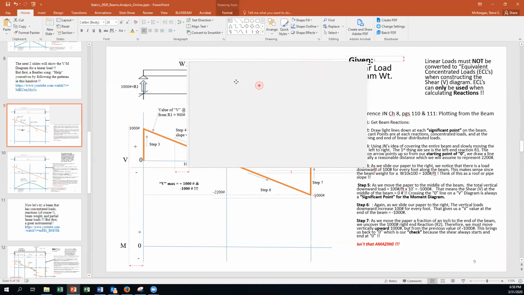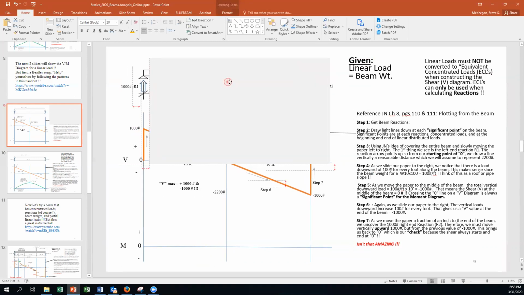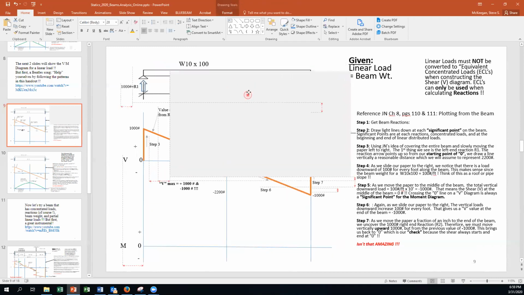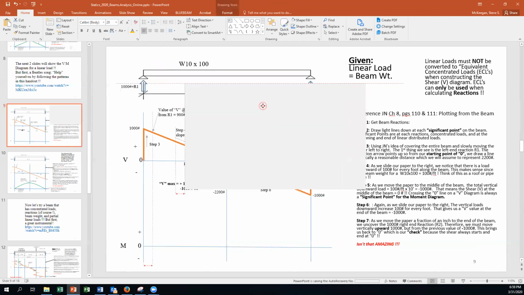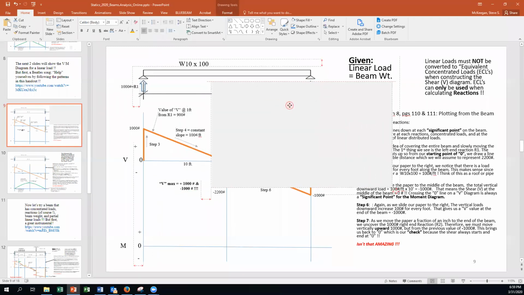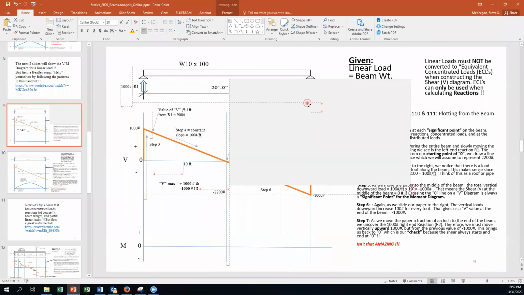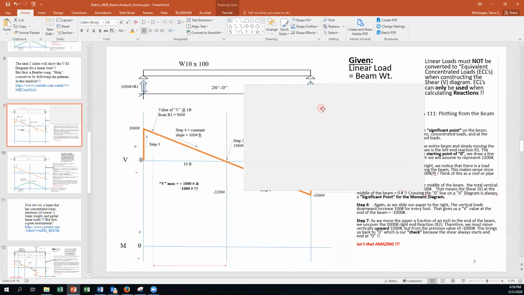Or you could plot it every foot, but that takes forever. So every foot, it's dropping 100. And over 10 feet, it's going to drop what? 1,000 pounds, which makes the shear diagram 0. It keeps dropping 100 pounds every foot.